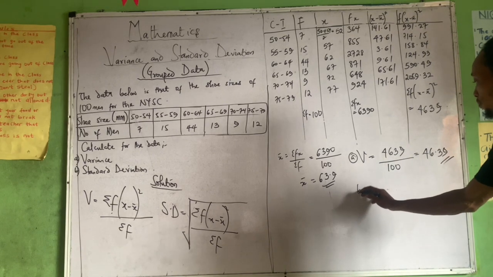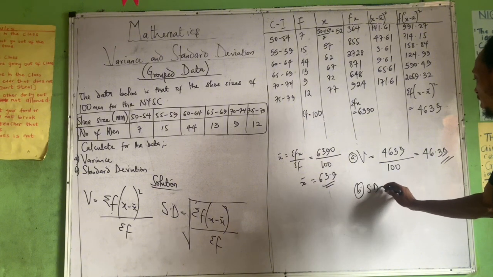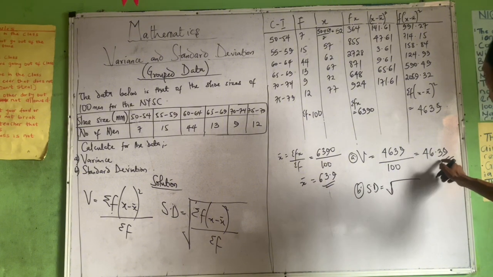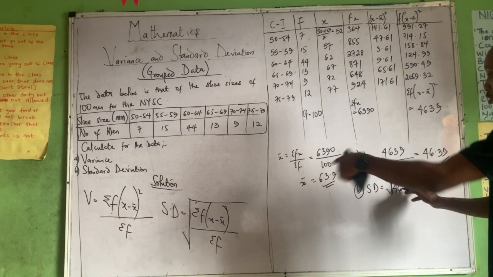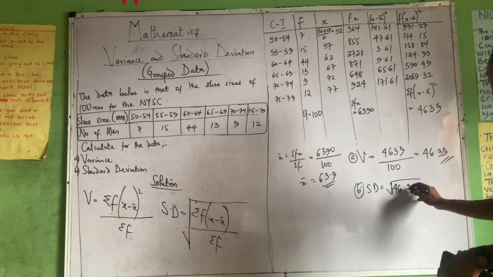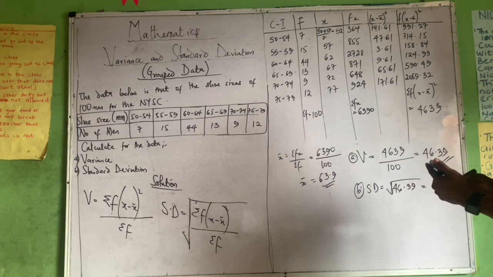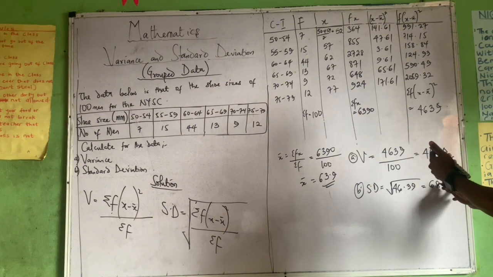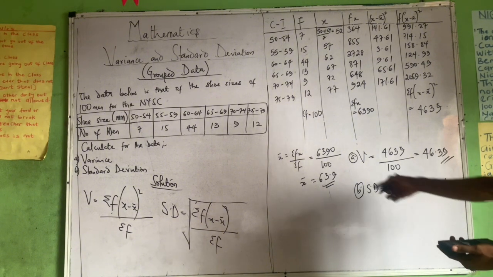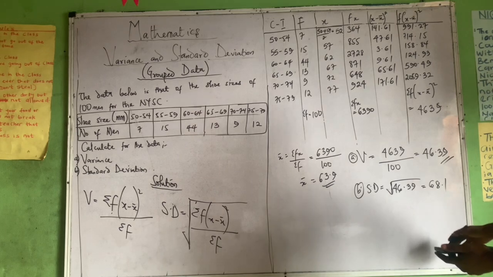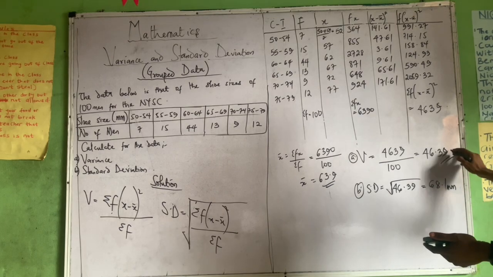That's our variance. Then the standard deviation is the square root of your variance. According to that formula, the square root of 46.39 gives 6.81. Since the shoe size is measured in millimeters, we can use millimeters.